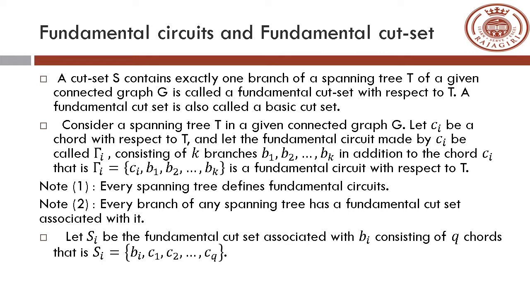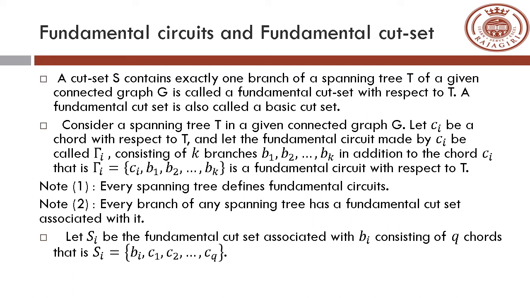Such a set is called a fundamental circuit with respect to T. That means a closed walk which contains exactly one chord and the remaining k edges will be branches of the spanning tree.